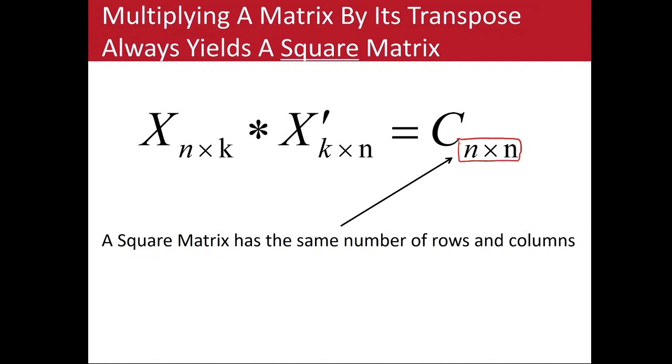It will have the same number of rows as columns. Let me give you an example. If I have X, which is a 2 by 3, and I multiply it by its transpose, and that transpose is a 3 by 2, that will always be conformable, and the result C is going to be a 2 by 2 matrix. And again, what we call a square matrix, because the rows will be the same as the columns.